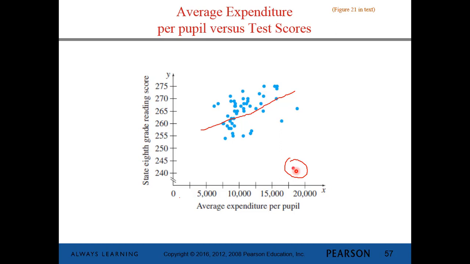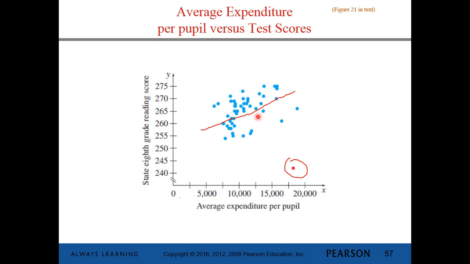In fact, in this data set, it will bring it down to like 0.1, which is pretty small. If you don't include this point, it jumps up to 0.4, which you might consider maybe a moderate correlation. But the point is, this one point severely affects the correlation coefficient.